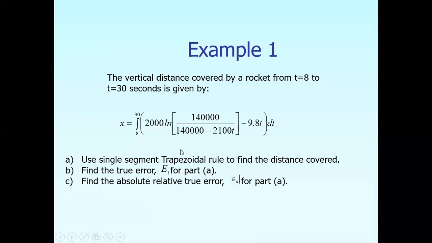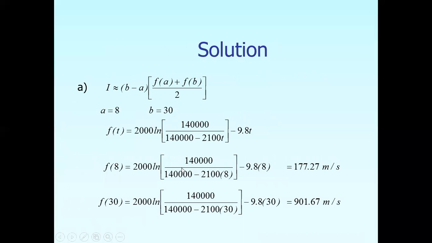Suppose for finding the area under this curve, the formula is I is equal to b minus a times f of a plus f of b divided by 2. And the value of a is 8 and b is equal to 30. Then f of t is equal to 2000 log natural 140000 divided by 140000 minus 2100t, minus 9.8 t.